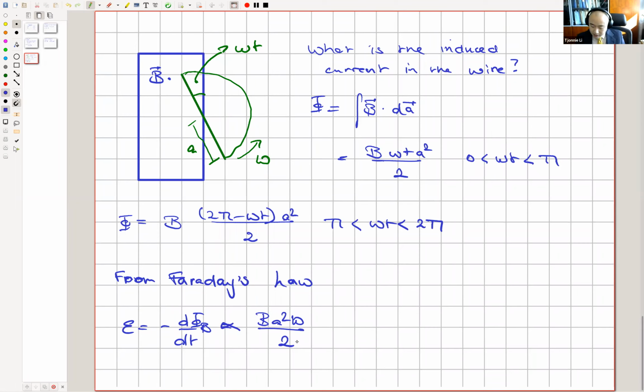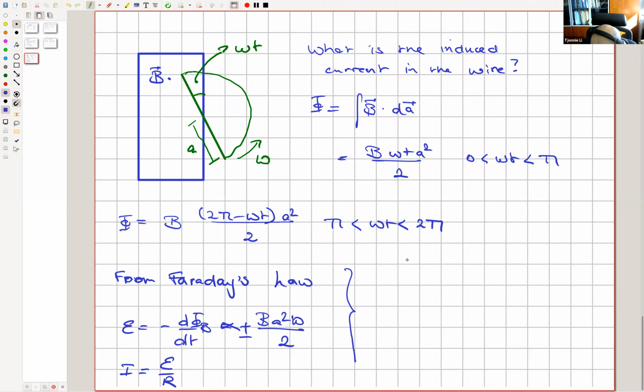And of course, here the sign, so let me put plus minus, depends on whether it is between 0 and pi, or between pi and 2 pi. And so if I assume that this circuit has some resistance R, then I just get the current by dividing by R.